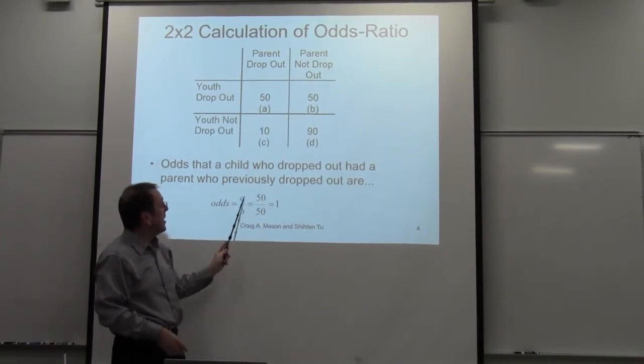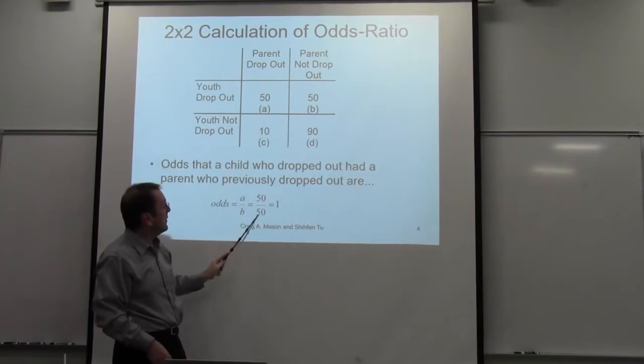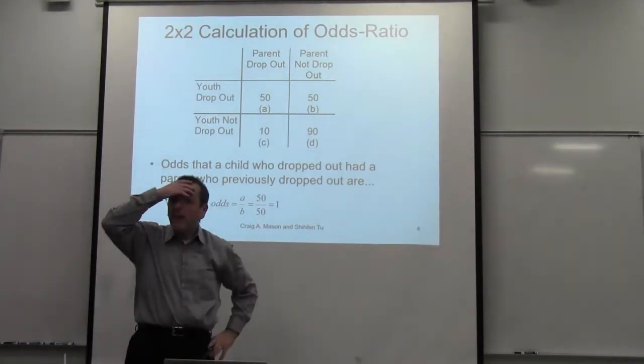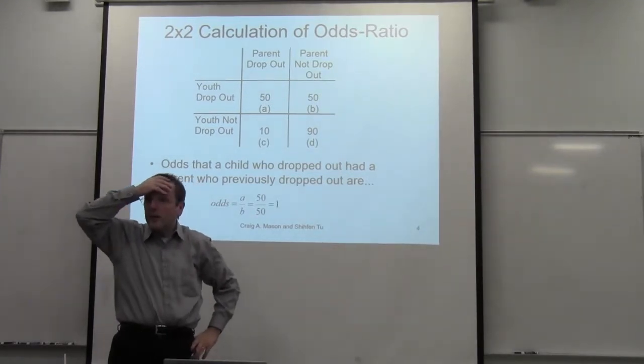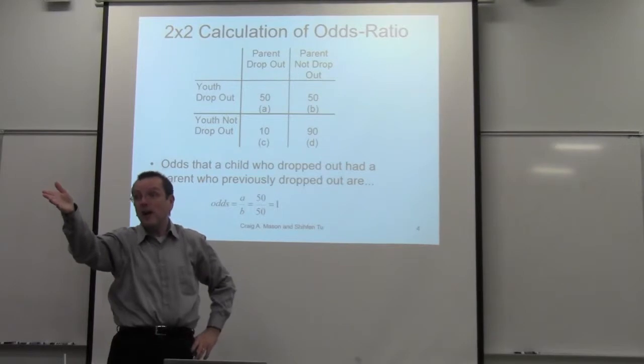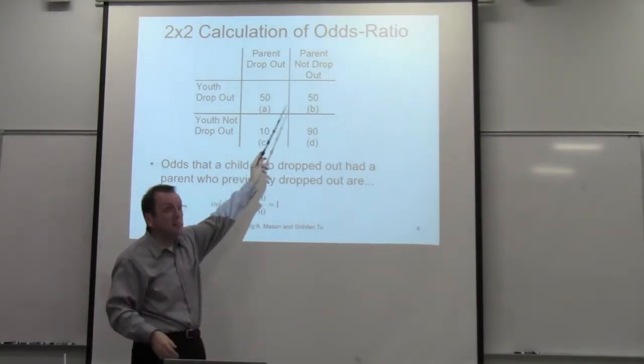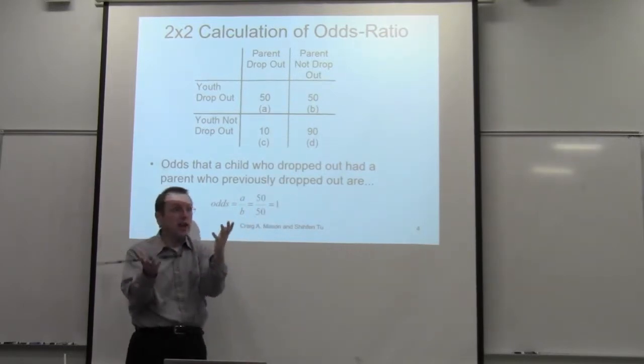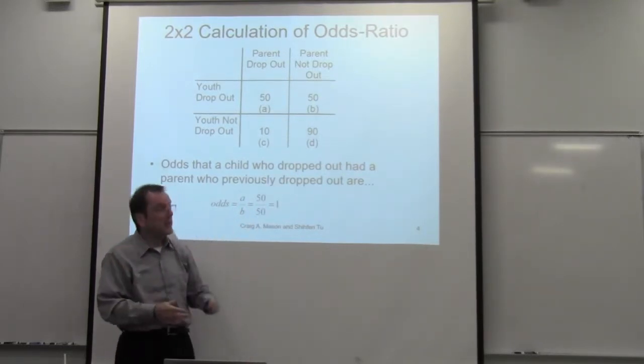So the odds are 50 over 50, or 1. If you think of Vegas, it's those kinds of odds that we're talking about. In fact, the language of the odds are 50-50 really summarizes it: it's even one or the other, the chances are the same.